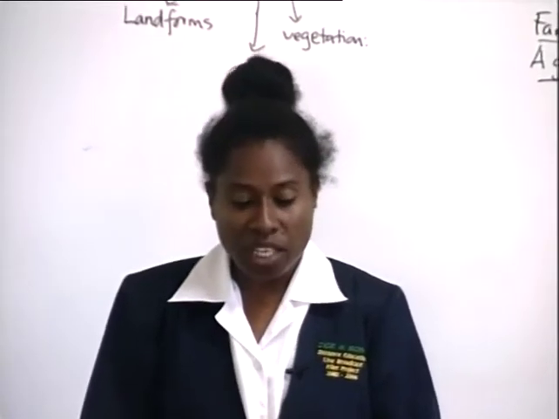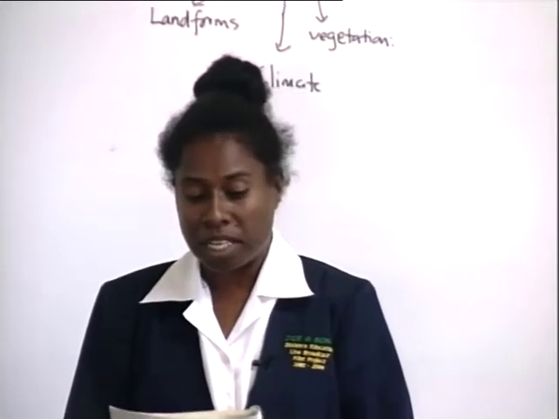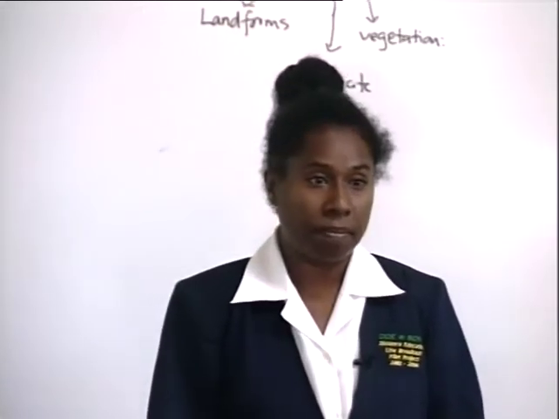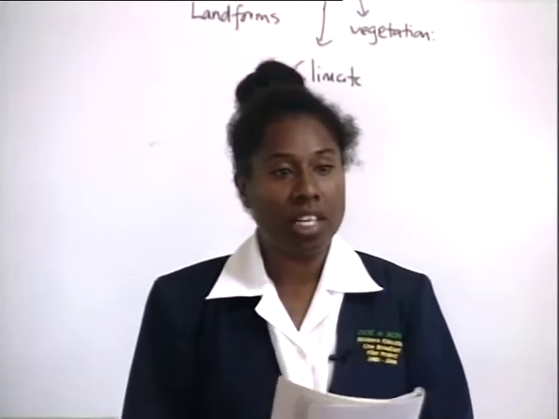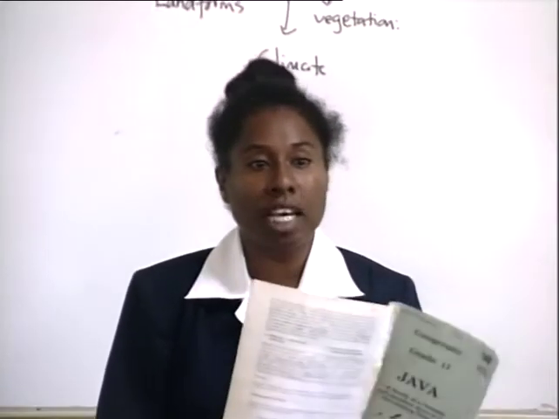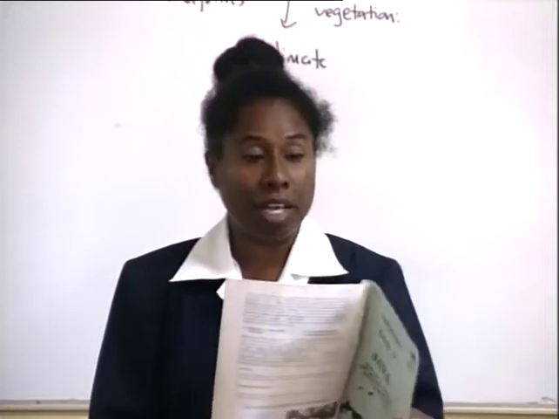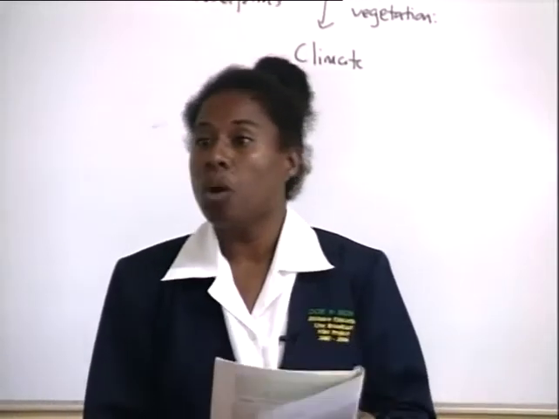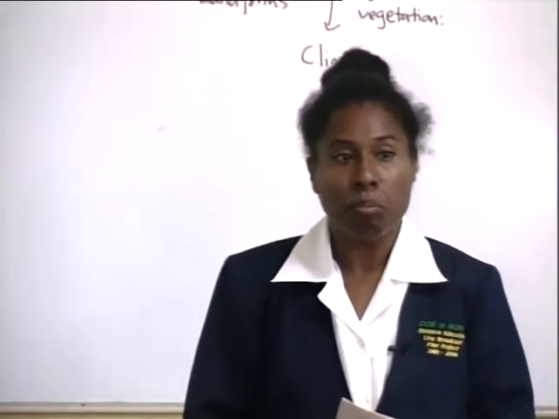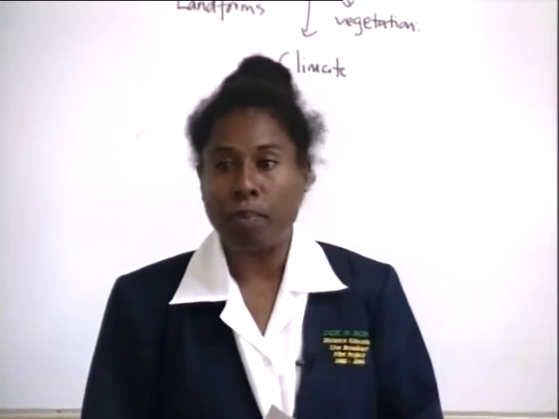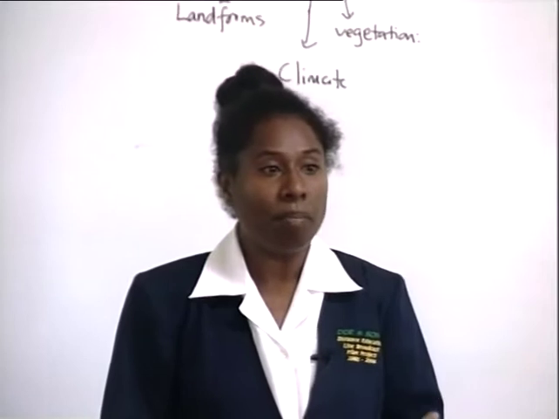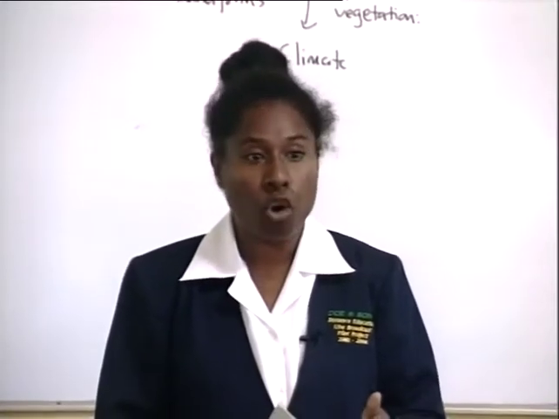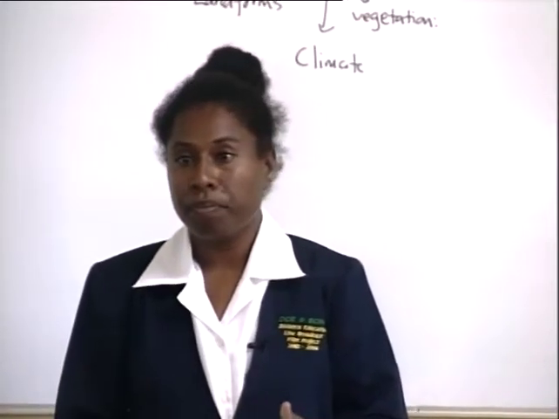We already found out that Java comprises 60% of the population of Indonesia. From our booklet, we will find out that Indonesia, when this book was published, had a population of 180 million people. Papua New Guinea, from the last census, with the estimates that were given, has approximately 4 million people.